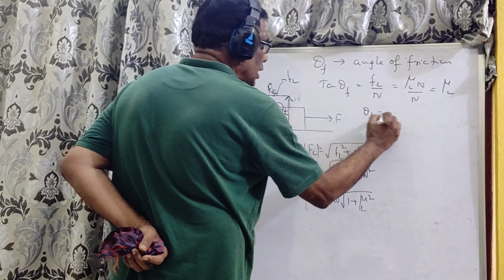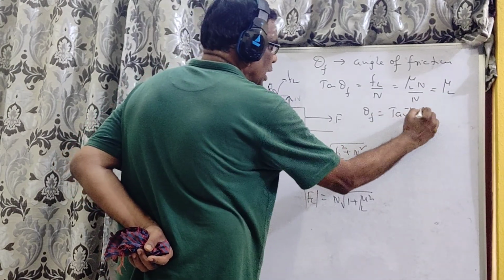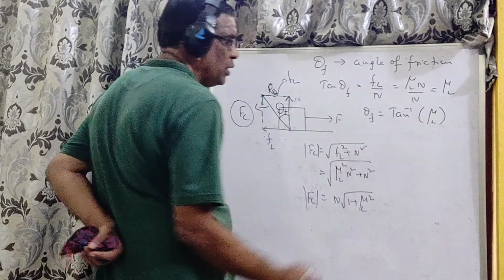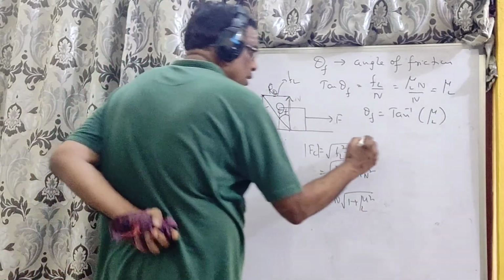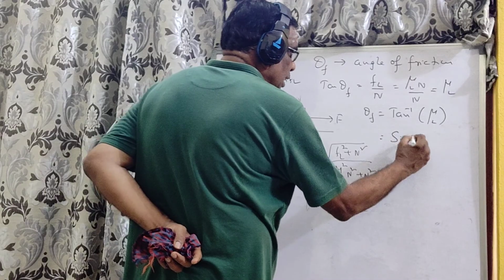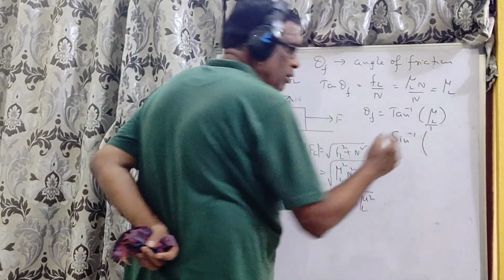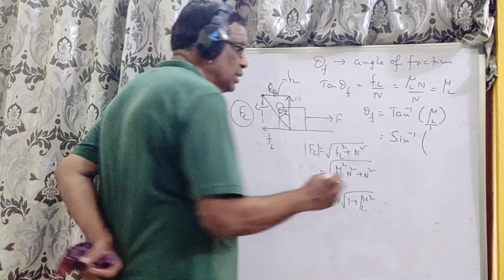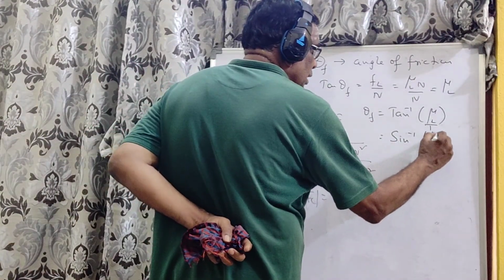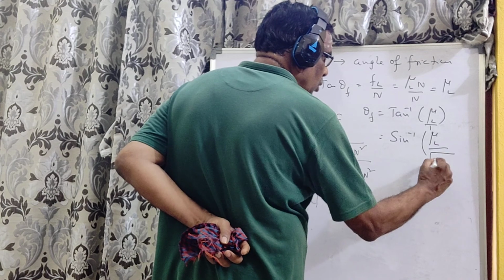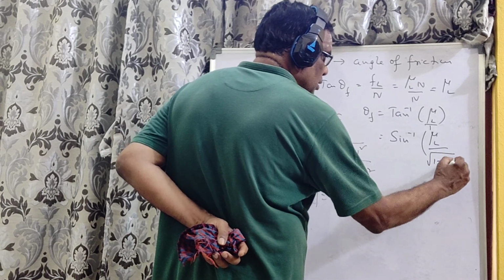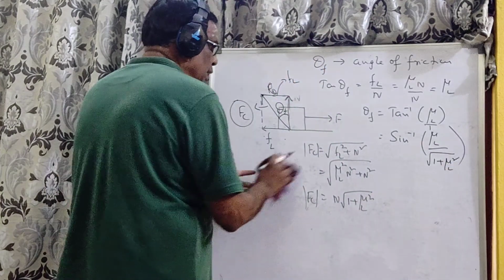Or what is theta F? Tan inverse mu L. That means I can write it as sine inverse. This is opposite side by 1, that is your adjacent side. Therefore, you get mu L upon root of 1 plus mu L whole square.